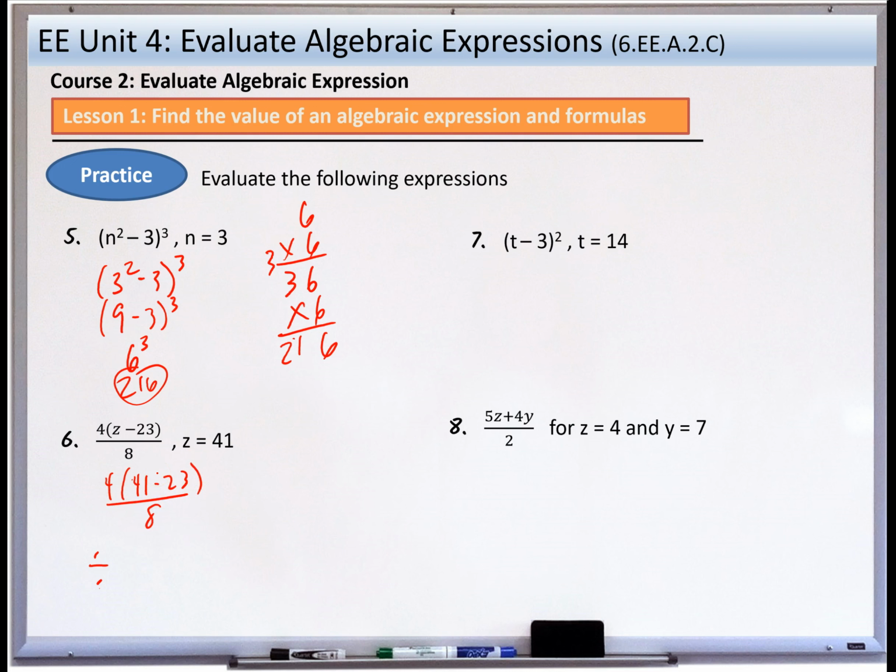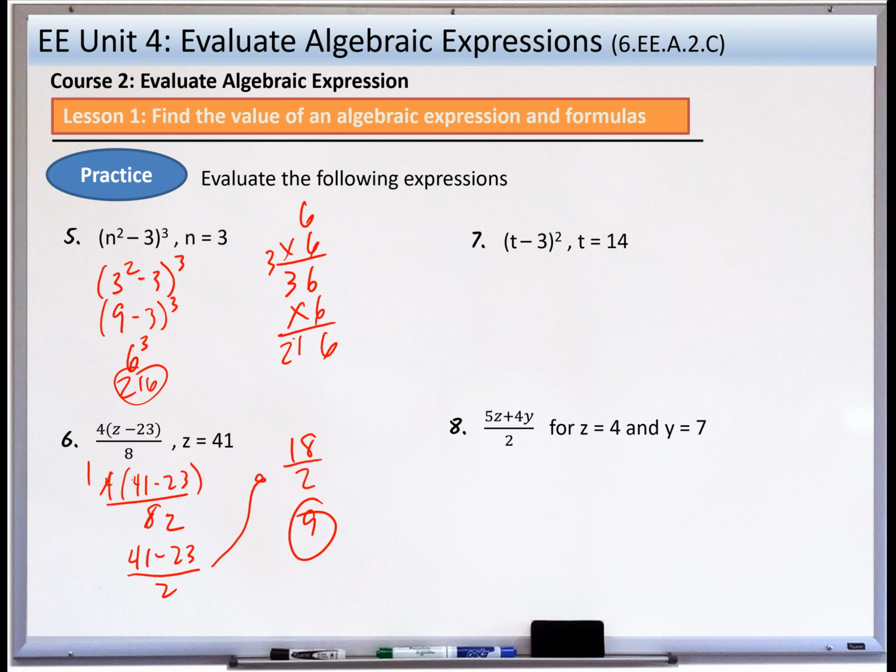And actually, I could have simplified that before I went ahead, and that would give me 1, and that would give me 2. And that leaves me basically with 41 minus 23 divided by 2. Now you guys see why I always type and not write, because my handwriting's pretty bad. So that gives me 41 minus 23, I believe it's 18, divided by 2. So my final answer is 9.